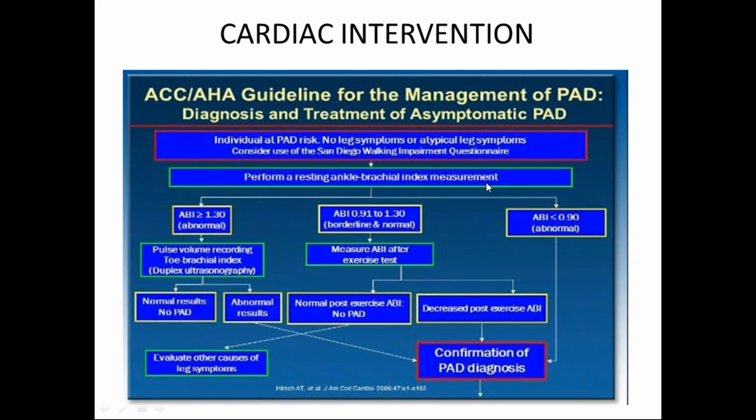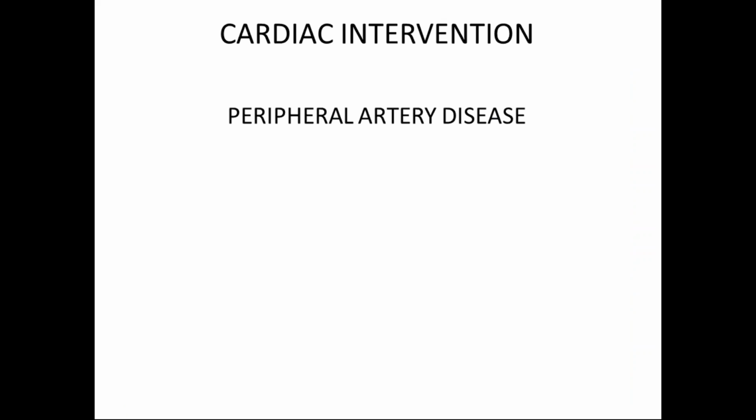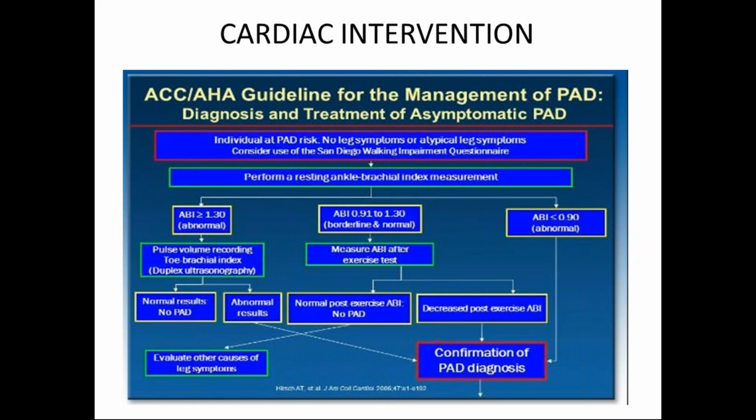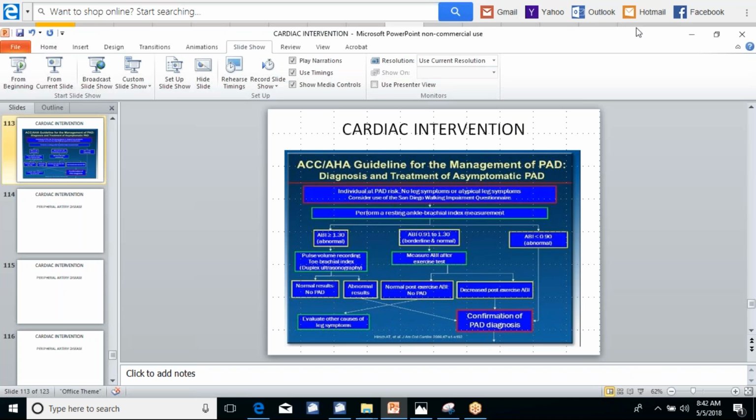And then the next category is when you do your resting ABI, if it's less than 0.9, then it's abnormal. You confirm that they have peripheral artery disease, and then you can manage them appropriately. Okay, so those are the rough guidelines for patients with PAD.